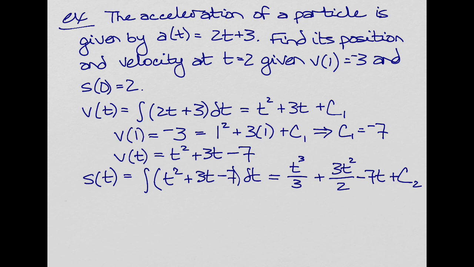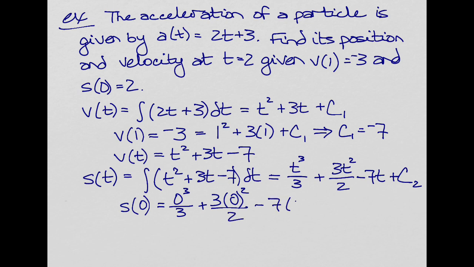We also have an initial condition for position. Try to say that 3 times fast. S of 0 is 2. Here we go. S of 0, I'm going to take 0 and substitute into my position function. Yes, we like zeros with polynomials. That's 0 cubed over 3, and 3 times 0 squared over 2. Yep, like the zeros.